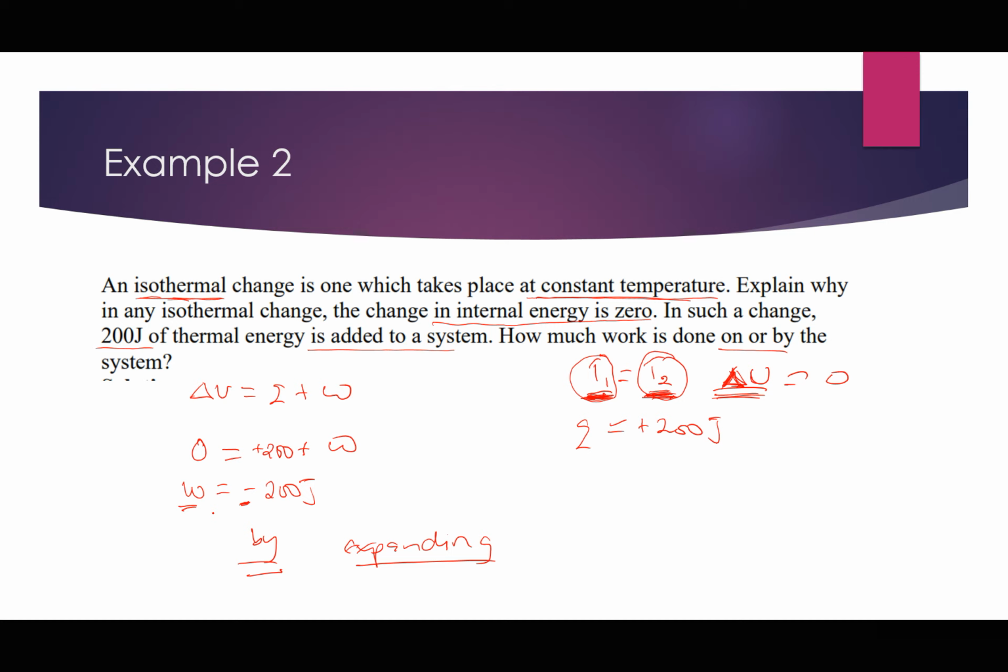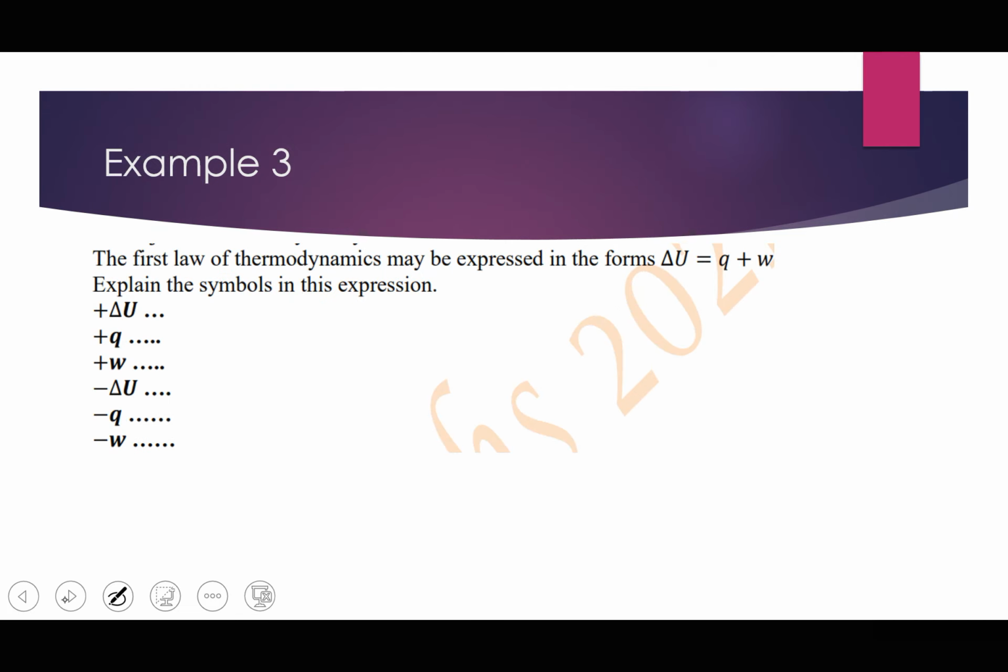Okay, I hope that is fine. Number 3. The first law of thermodynamics may be expressed in that form. Explain the symbols in this expression. This is an increase in internal energy. This is heat, or thermal energy, added to the system. This is work done on the system.